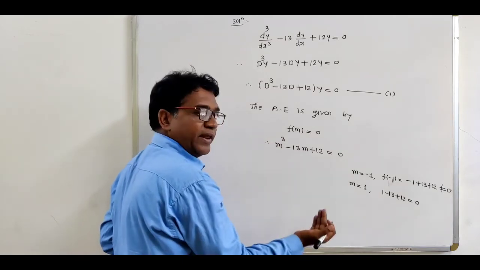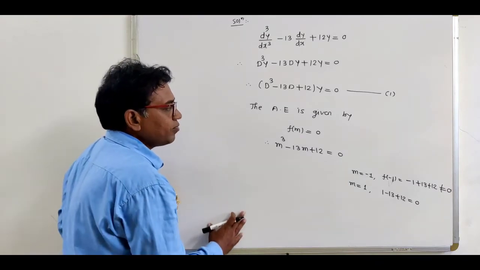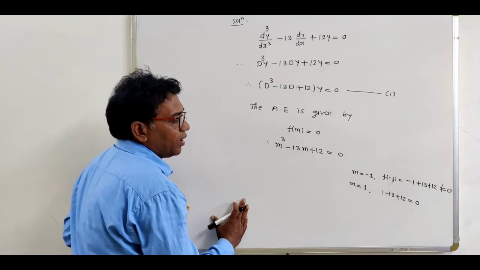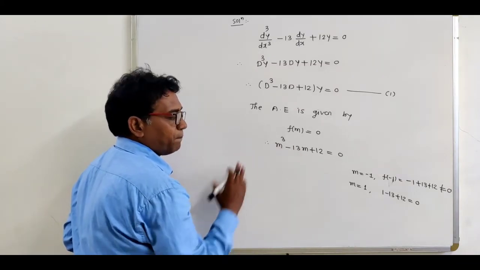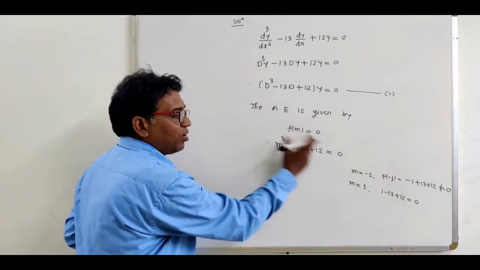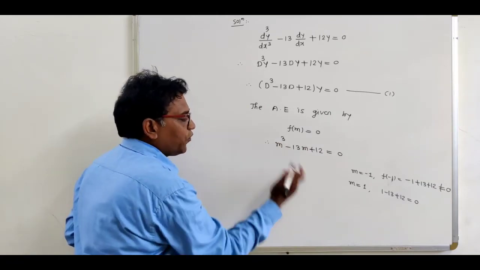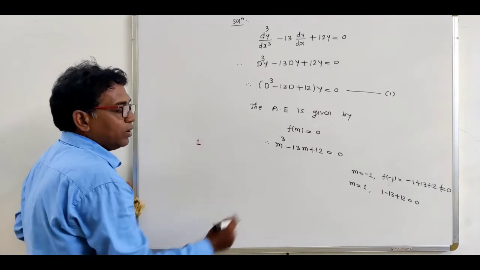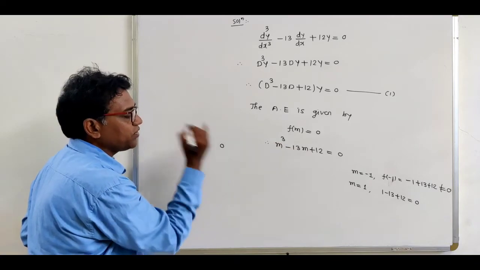So we find the remaining roots by using the synthetic division method. Now say what is the synthetic division method? Okay, write all the coefficients in decreasing power. So coefficient of m cube, this is 1. Coefficient of m square, there is no m square, so the coefficient will be 0.